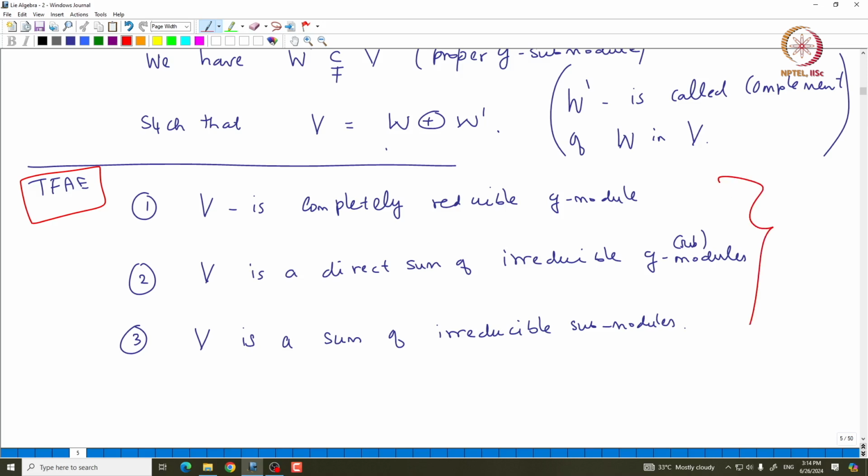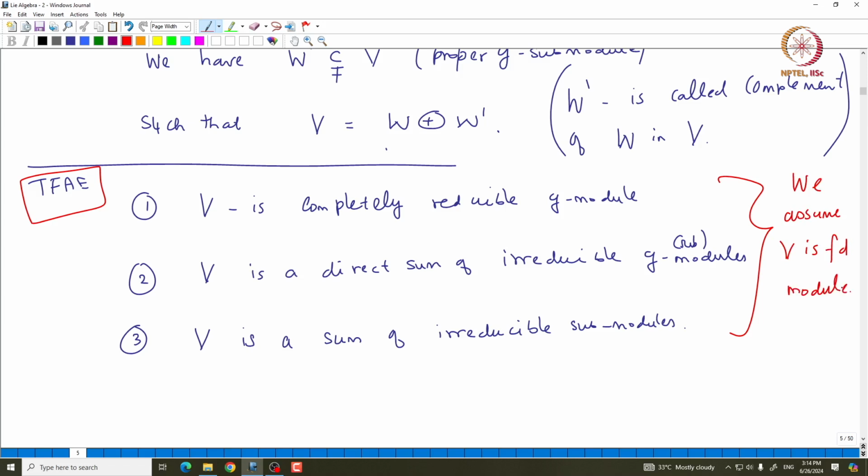Of course, we are assuming that all our modules are finite dimensional. One can make such statements for any module. Okay. So, this is kind of general nonsense, but anyway we will do it for finite dimensional modules. We assume V is a finite dimensional module.